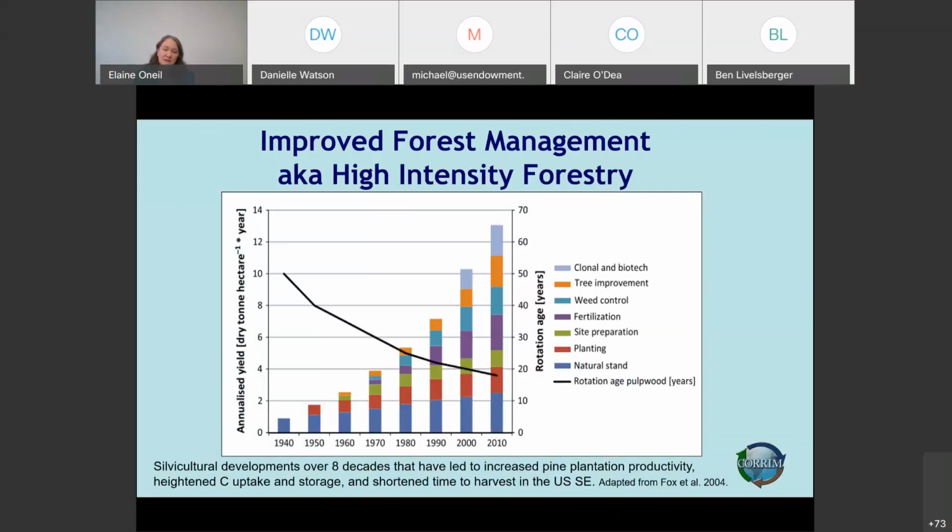This is specific to the Southeast. Through all of the work that they've done to improve the growth and yield of southern pine, they're getting nearly a 13-fold increase in yield while cutting their growth period from 50 years to about 18. That's a remarkable increase in productivity, but not everybody's doing it.